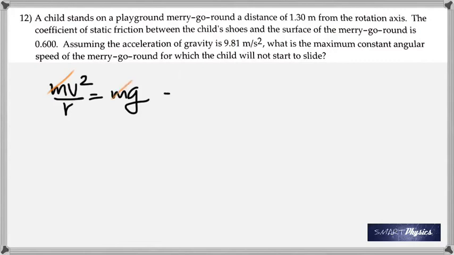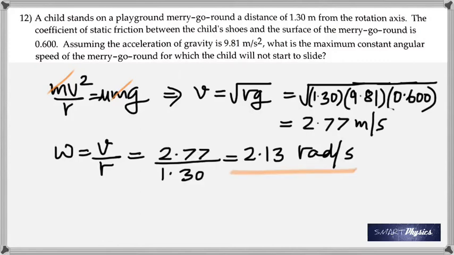Okay, I had forgotten to write mu there. Now there is mu mg, which gives us velocity is, let me correct that, velocity is the square root of mu rg.